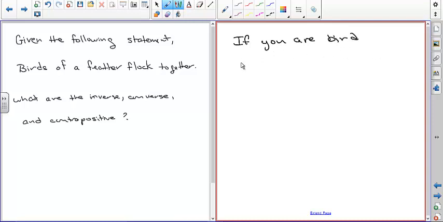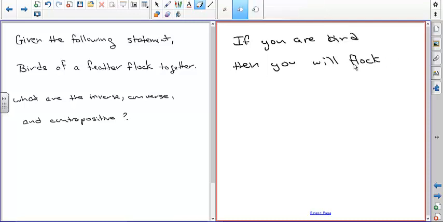Okay, if you are a bird, then you will form a flock. I'm trying to do it in better English and still be consistent and correct. So if you're a bird, birds flock. This is a true statement. If you're a bird, and birds, when they group together, they become a flock.